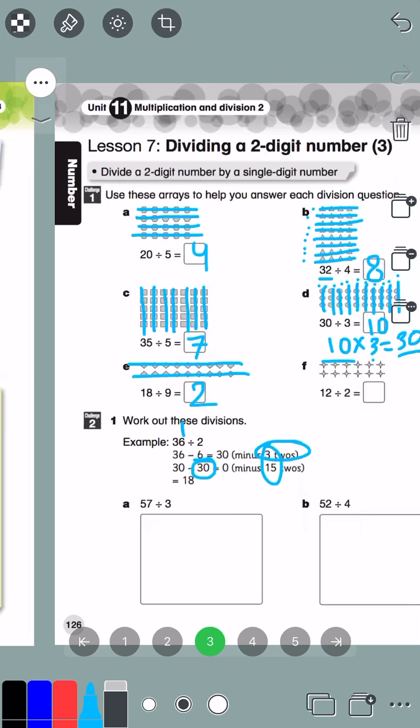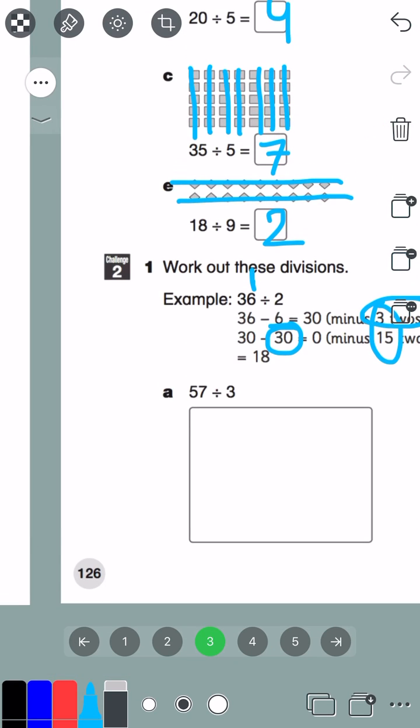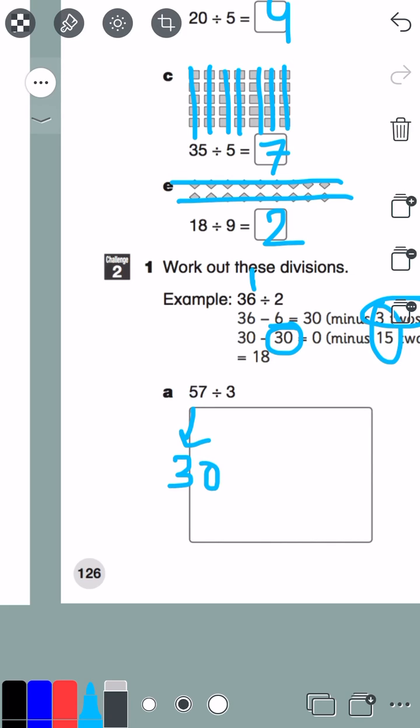So we can stick to our division way in this kind of question, such as splitting this number into 57 divided by 3. We can use our original way, which is 57 has 30 and 57 minus 30.